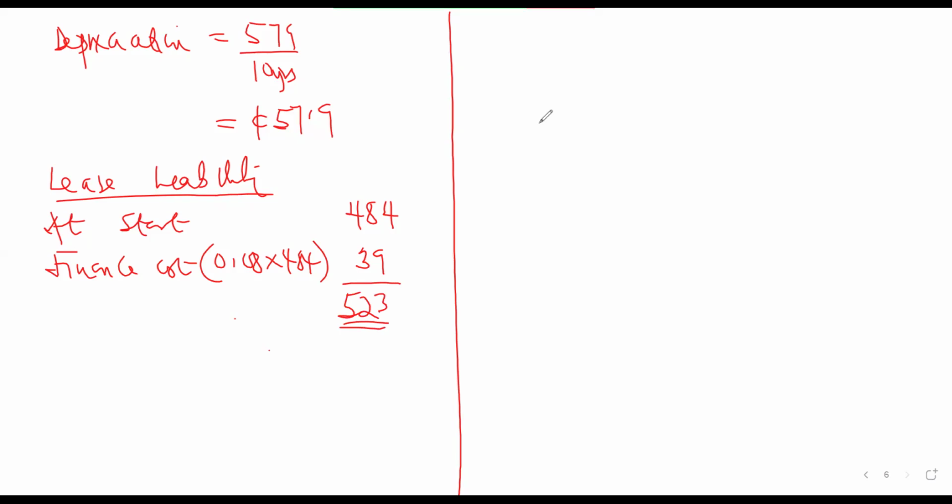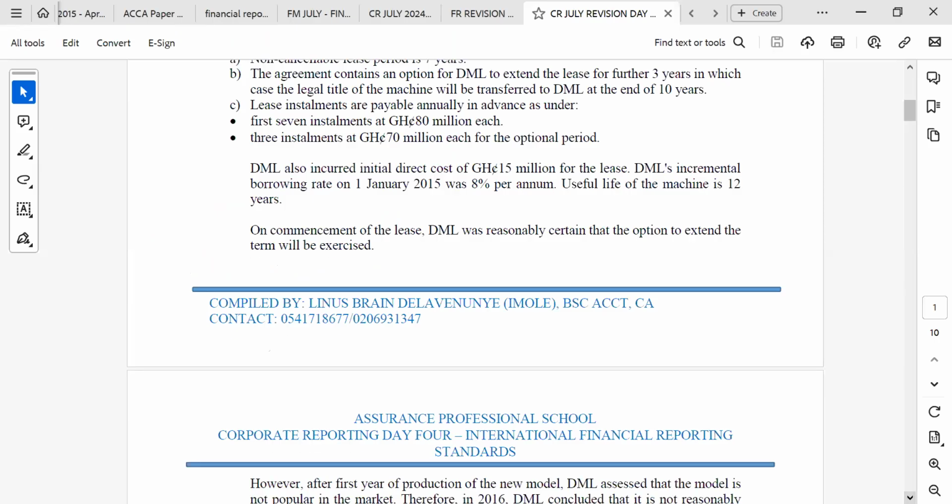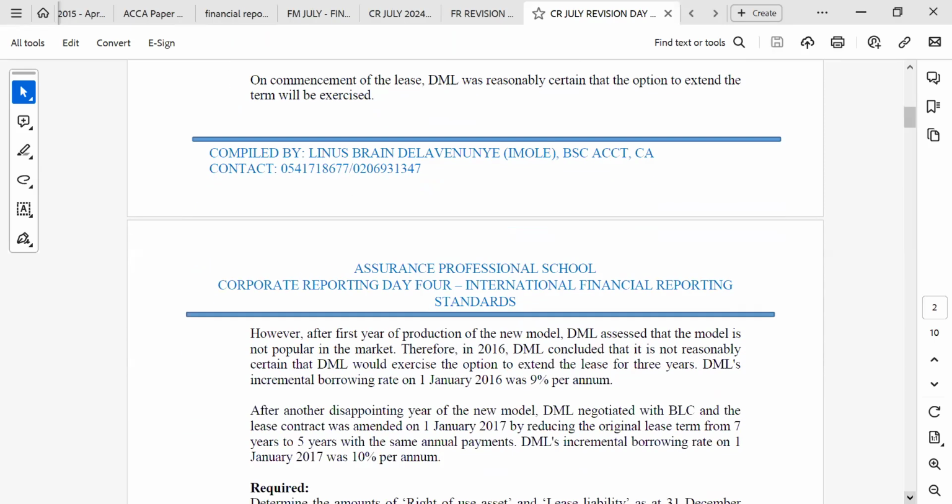At the end of the first year, what are they saying? Modification. Okay, so something has happened. However, after the first year of production of the new model, DM assessed that the model is not popular in the market.